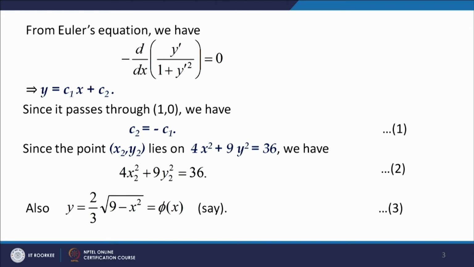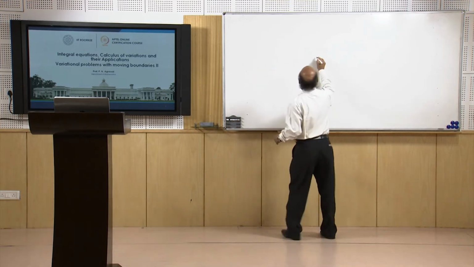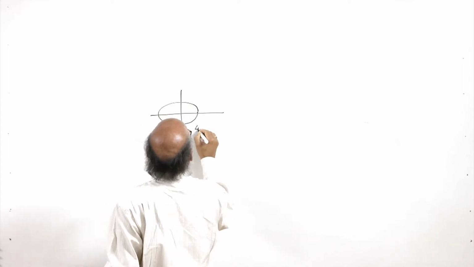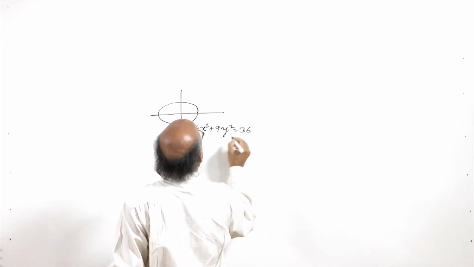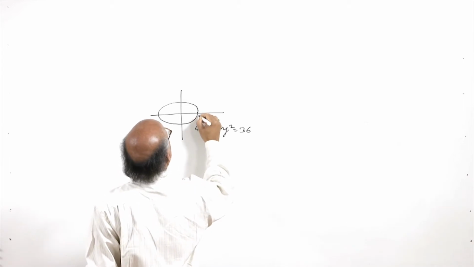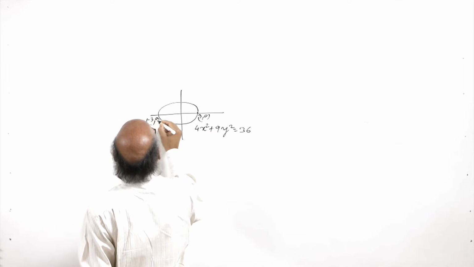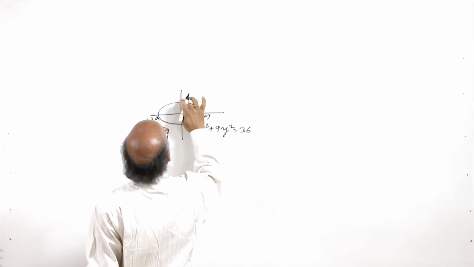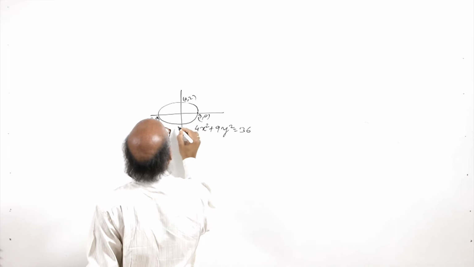Here we see the situation. This is the ellipse 4x² + 9y² = 36. This is the point (3, 0), here we have (minus 3, 0), this is (0, 2), and this is (0, minus 2).